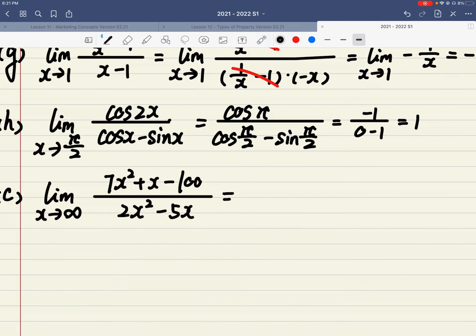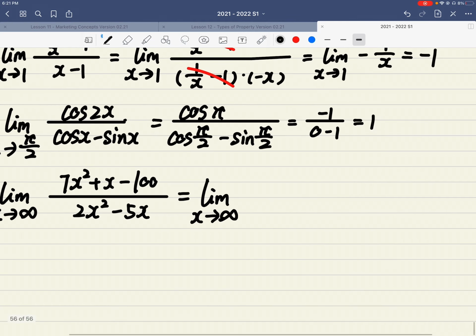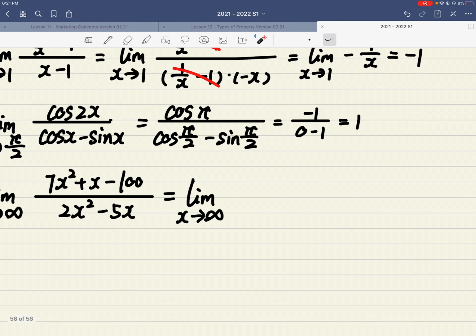So both sides are approaching infinity, so what will the result be? In this case, what we usually do is divide both sides by x to the highest power. Here, the top highest power is x squared, the bottom highest power is x squared. So we divide both sides by x squared.